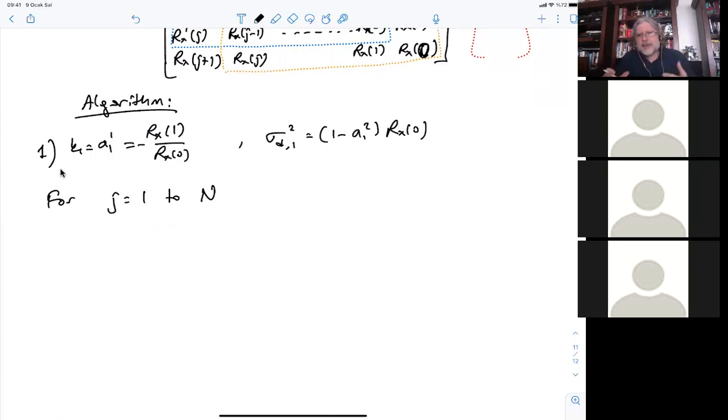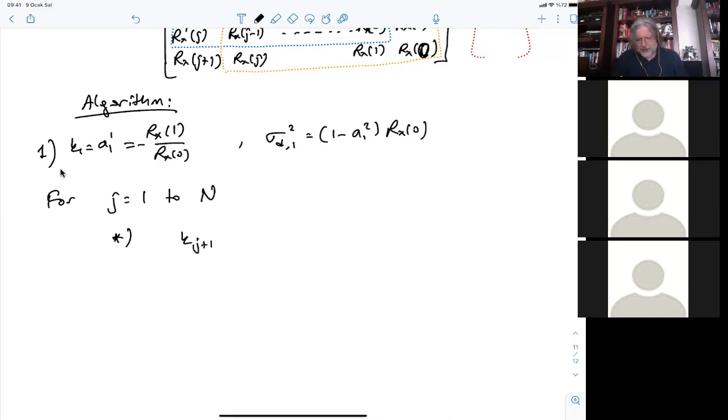But every time I first evaluate a new k1, and according to that k1, a1 will be updated. And according to k2, a2 will be updated. So it's not a single-shot update as in the first stage of the algorithm. I have to put the lines of the for loop as follows.